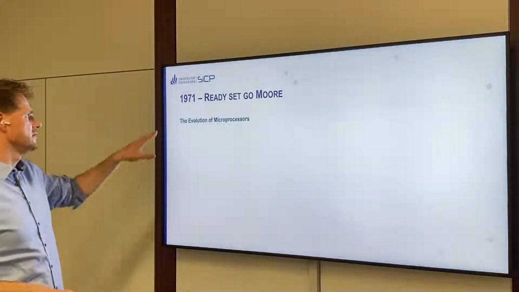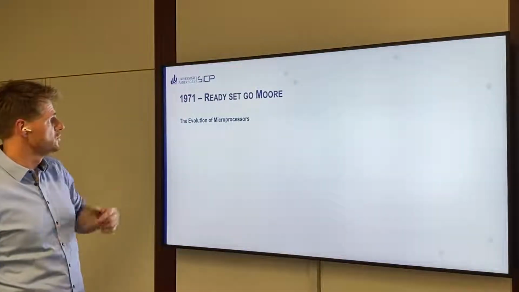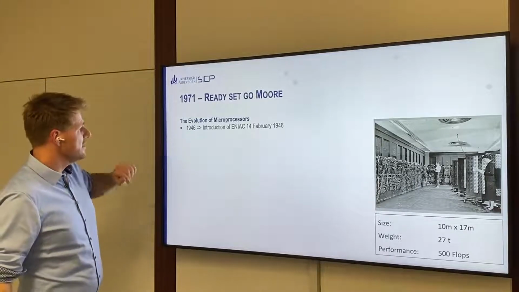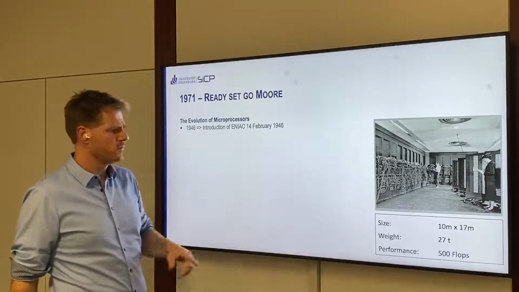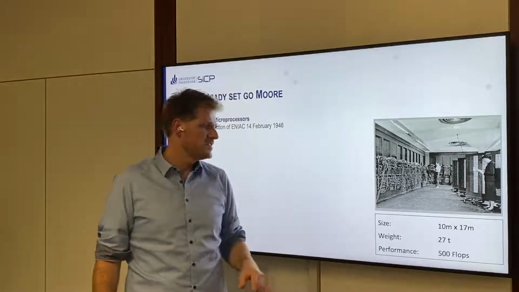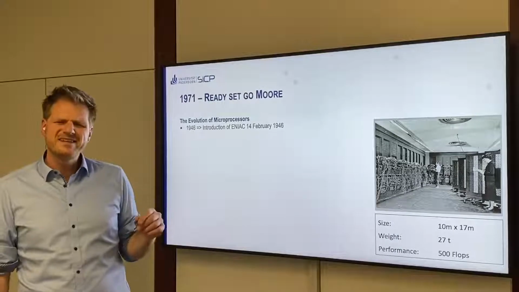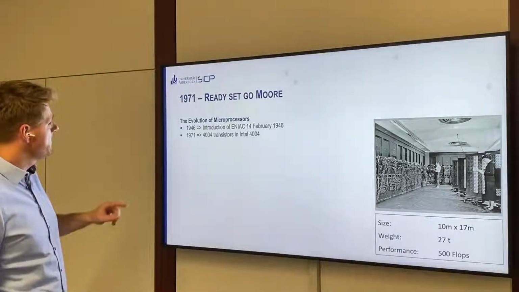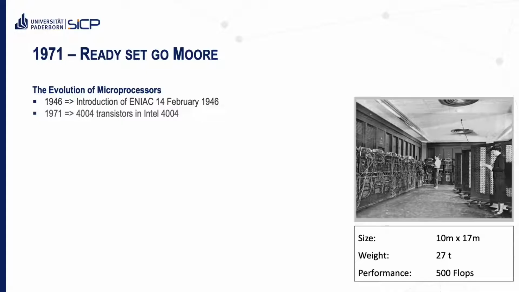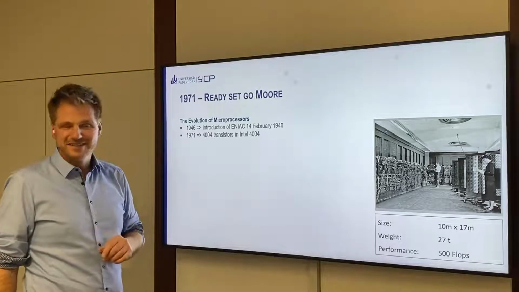So let's start in 1971. The evolution of the microprocessors has more or less started. But in 1946, a little bit earlier, maybe every one of you knows the ENIAC with 500 flops, 10 times 17 meters in size and 27 tons. Then in 71, the first CPU, the Intel 4004, was introduced with 4004 transistors.